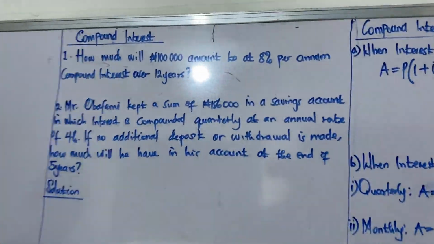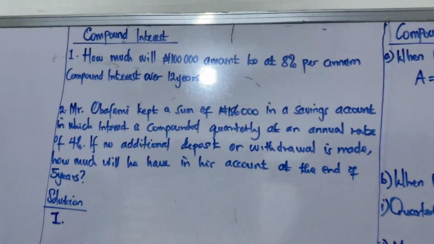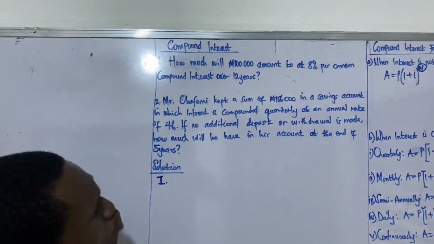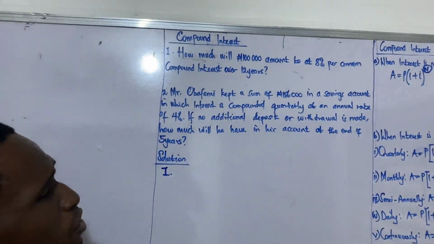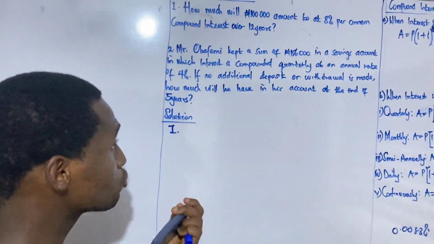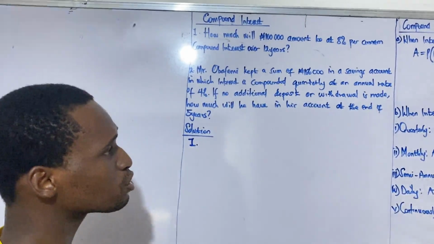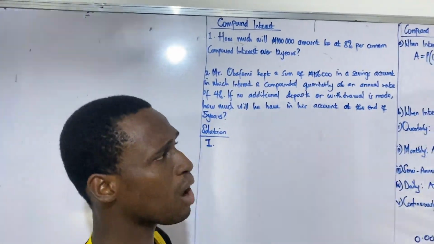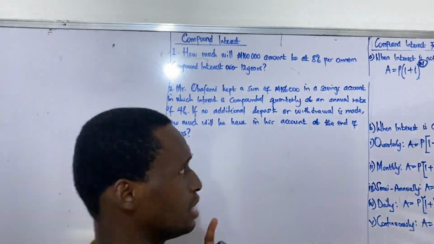Number one: how much will 100,000 naira amount to at 8% per annum compound interest over 12 years? So which of the two formulas are we using when interest is not compounding? Are we together?